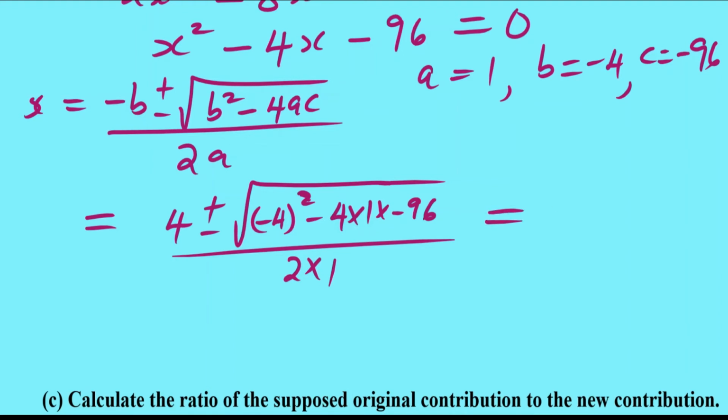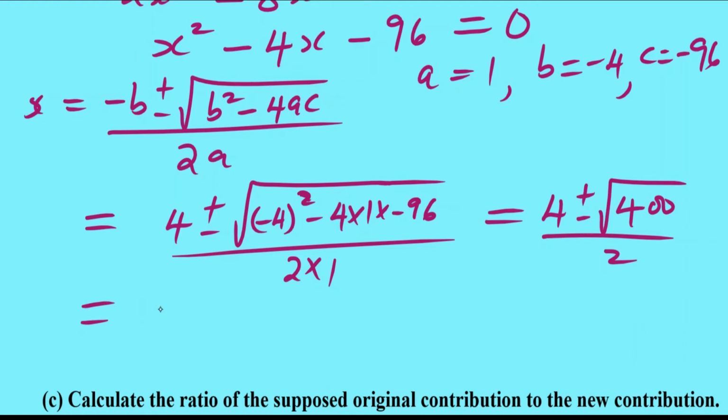Now you simplify, and everything here, if you work it out very well, this gives 400, then everything divided by 2.